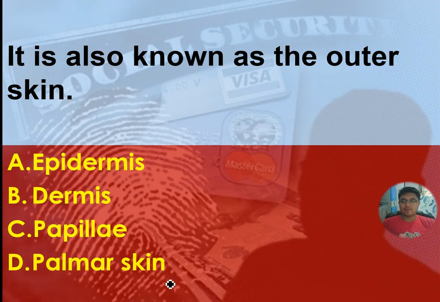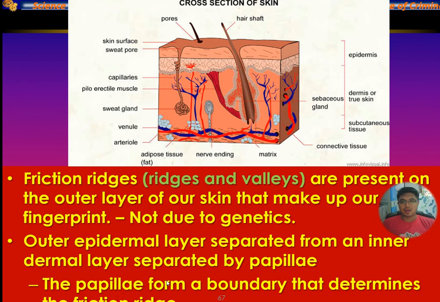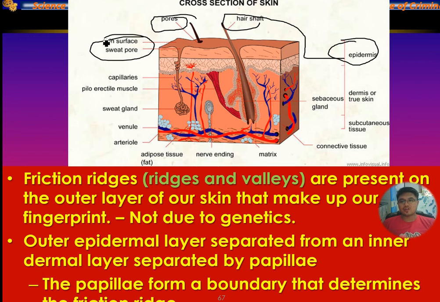Again, just like we have mentioned, the epidermis is also known as the outer layer of the skin. Giving you the specifics of the dermis, epidermis, and the subcutaneous tissue, or the hypodermis: the epidermis contains the hair shaft, the pores of the hand, the skin surface, of course, dito natin makikita yan.